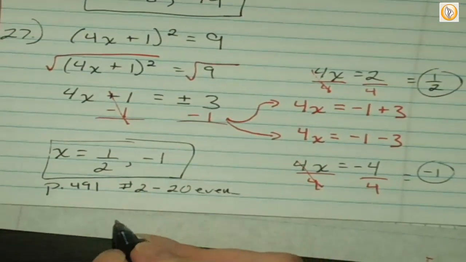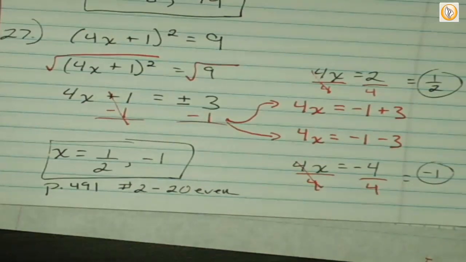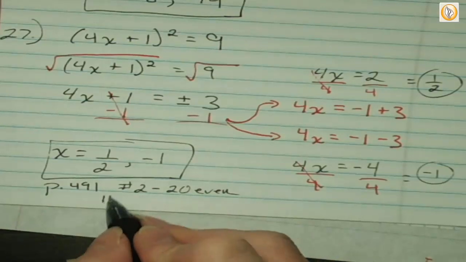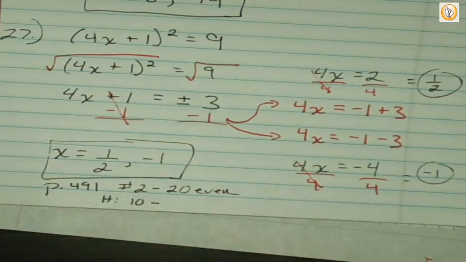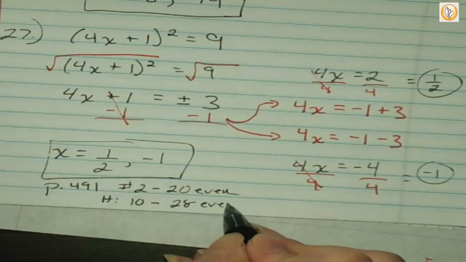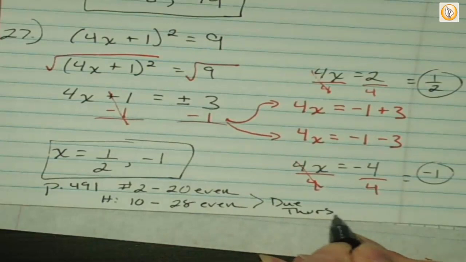That's 10 problems. Honors, 10 through 28 even, 10 problems. Due Thursday.